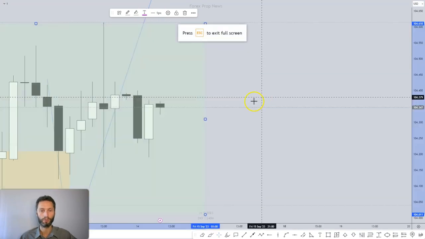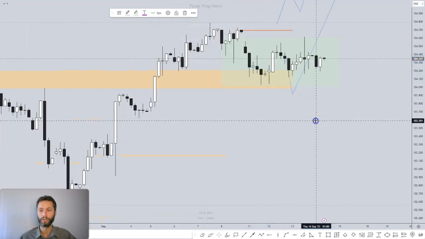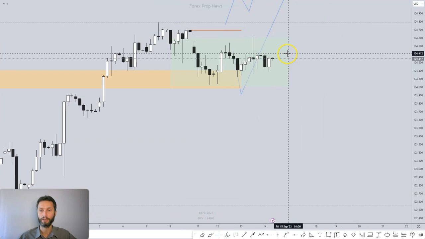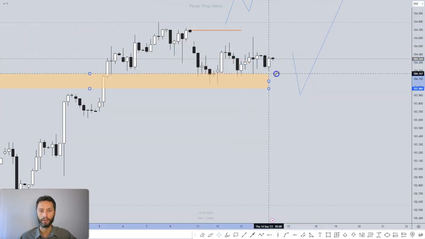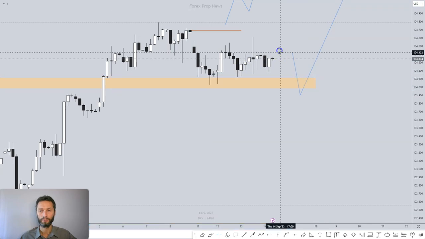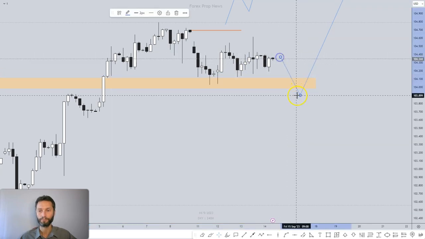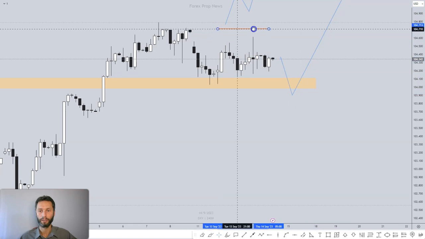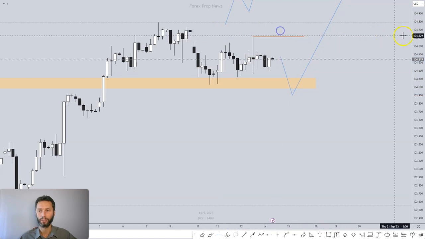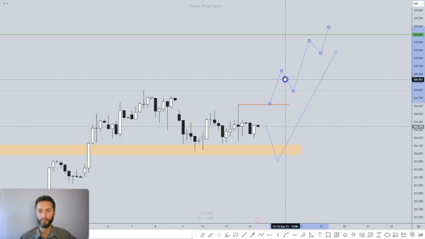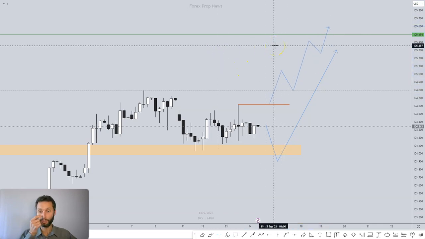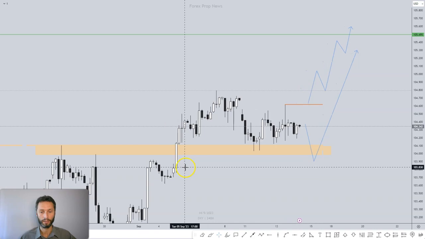Let's have a closer look on the 4-hour. See this range, and we're going to wait for the news to hit. And this is still the idea. Let's see if we get another hit to these lows, or we break higher. This would be the next significant break higher, and if that is the case, then this, which was a plan B, the alternative scenario, would be the idea.